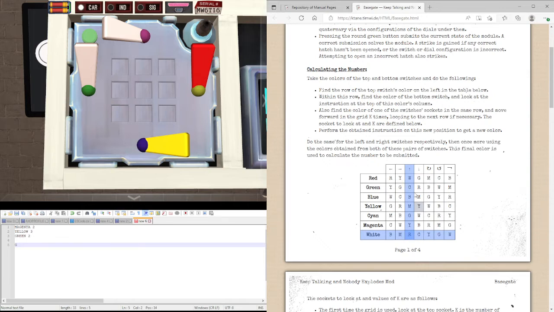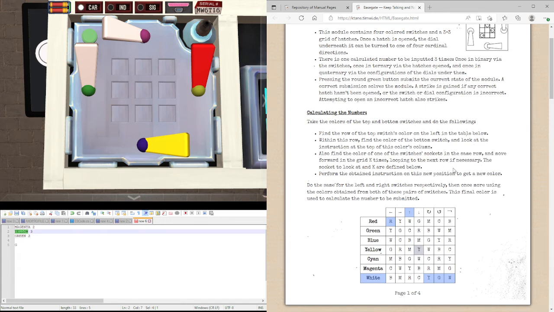The right is red, so we get up this time. And then in the same row, we're looking for yellow this time. This is the second time we're using the grid. We're looking for yellow, and we're going to move forward 3 times: 1, 2, and then looping back up to the top.